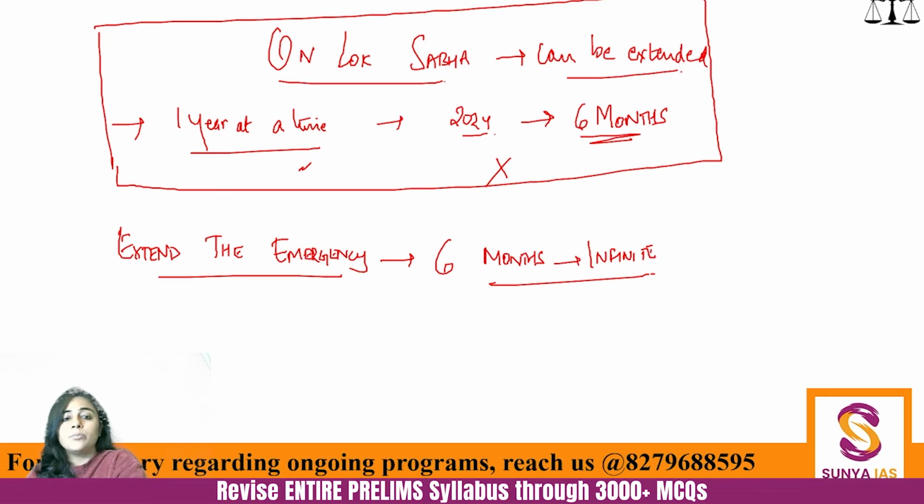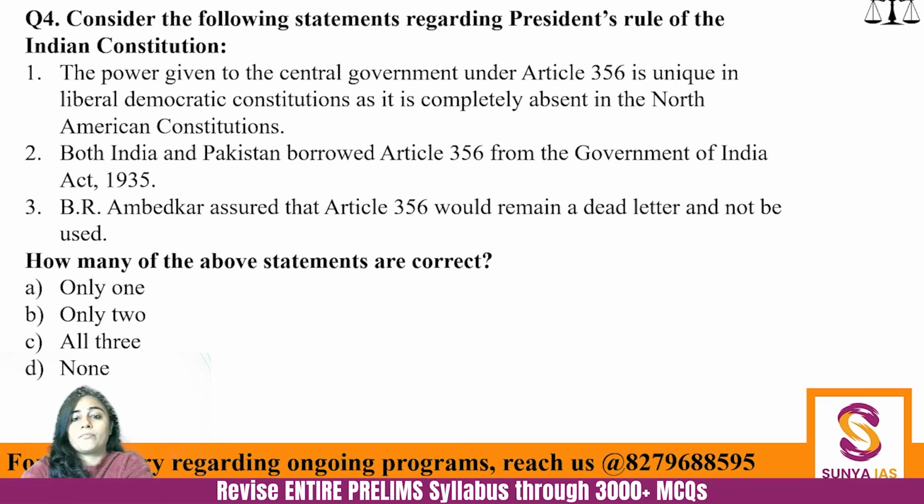Now, let's move on to the next question. Consider the following statements regarding President's rule in the Indian Constitution. The power given to the central government under Article 356 is unique in liberal democratic constitutions, as it is completely absent in North American constitutions.